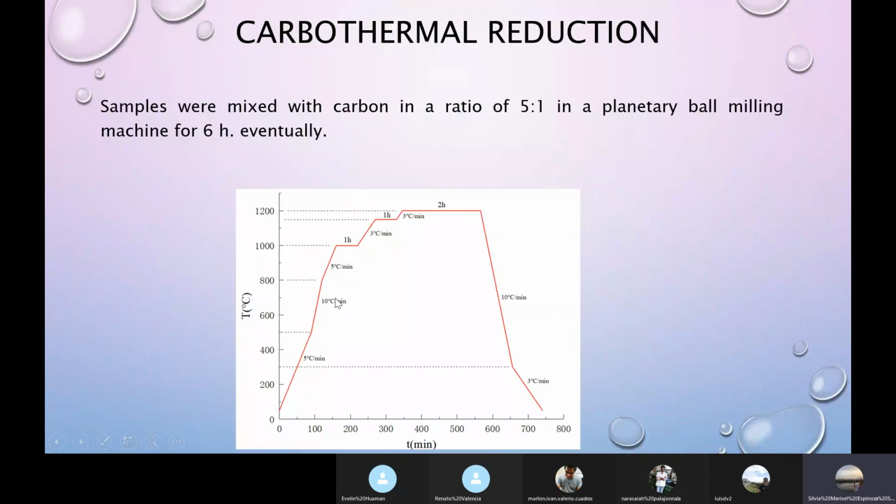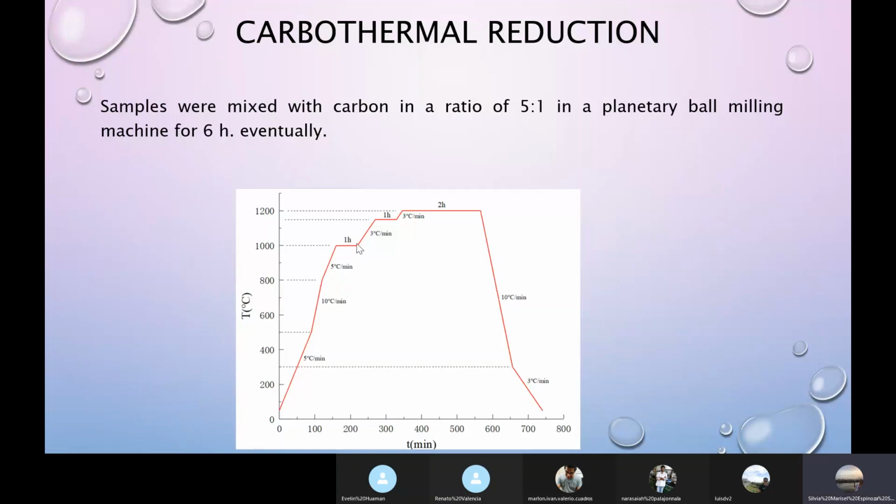Then the rate between 800 and 1000 Celsius was set at 5 Celsius per minute. The temperature was kept at 1000 for 1 hour.